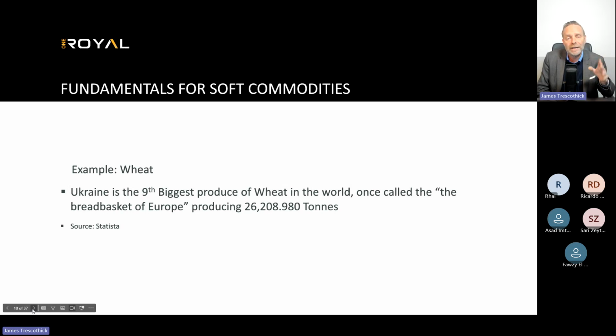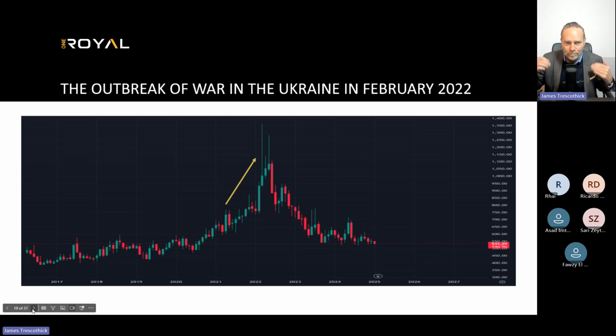Once called the breadbasket of Europe, producing over 26,208,980 tons of wheat a year. A major provider. Obviously, it's still in the headlines today. But you look at the outbreak of war in Ukraine back in February 2022. When that happened, wheat prices skyrocketed.